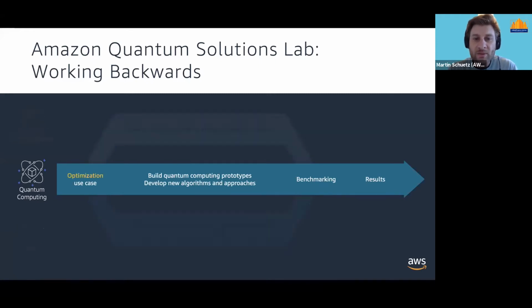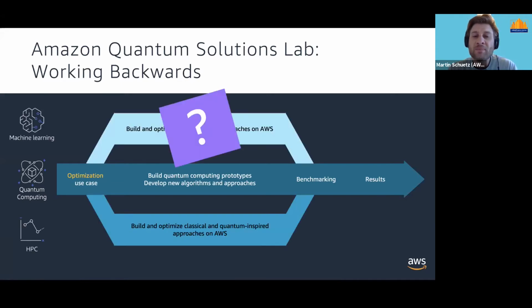But looking at this engagement model, what we learned is that the great majority of target use cases are optimization use cases, specifically combinatorial optimization use cases. And the gap that we identified is that there wasn't a one-stop shop solution, a broadly applicable framework to solve these kinds of combinatorial optimization problems with state-of-the-art machine learning and deep learning tools.